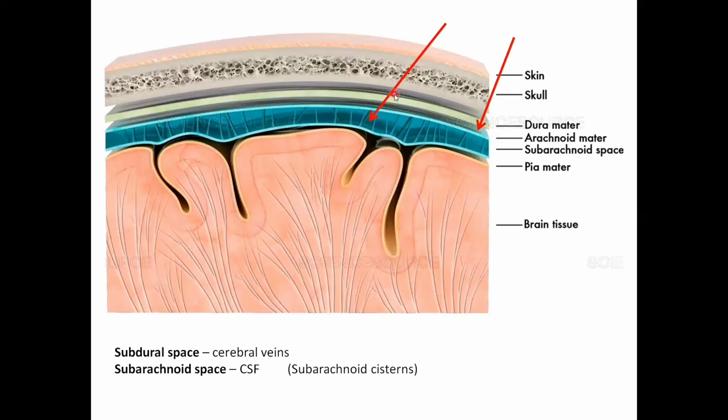Okay. This is the arachnoid mater, this entire thing. It's going to be filled with cerebrospinal fluid. Okay. The space between the arachnoid and the pia is called the subarachnoid space. It's filled with cerebrospinal fluid. Another important thing, the larger blood vessels that are going to supply the brain lodge in the subarachnoid space.